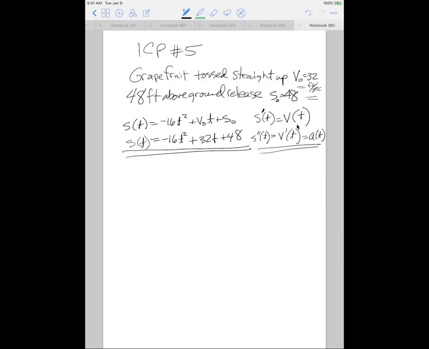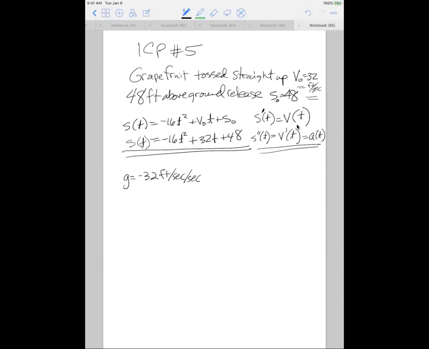So take a look at this now. Let's start with acceleration due to gravity. This is the English system, so we're talking feet per second. Gravity is equal to negative 32 feet per second, and it's acceleration, so it's changing the velocity at 32 feet per second.